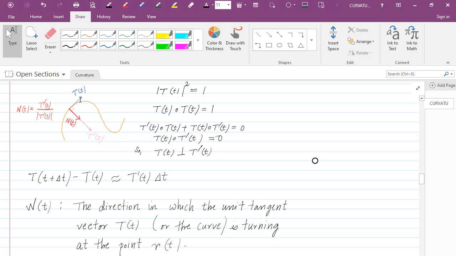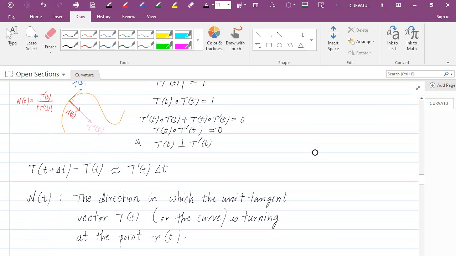So we see that capital T of t obviously changes direction inward, so T prime of t will be directed in this way, and we define capital N of t to be the unit vector in the direction of capital T prime of t. So capital N of t would be capital T prime of t divided by the length of T prime of t.